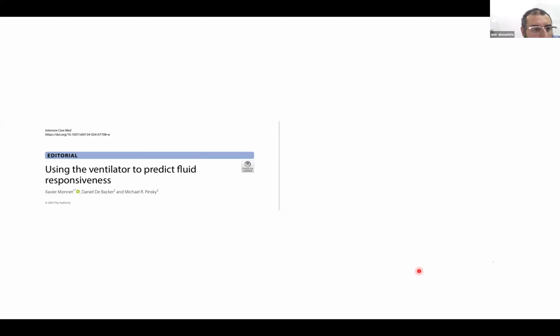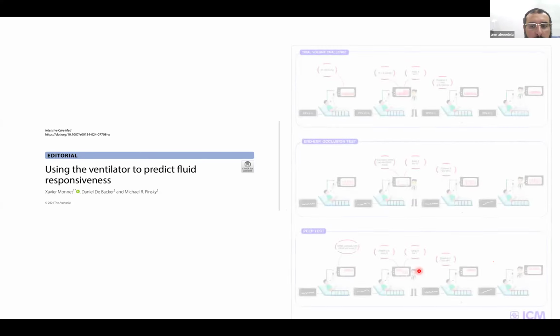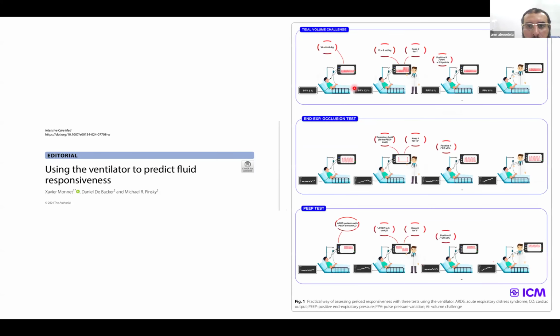There is this new paper also published this year. There is actually more than one test now. They are talking about the end expiratory occlusion test and also about the tidal volume challenge and the PEEP test. These are all modifications of this test, to have more tools for predicting fluid responsiveness.